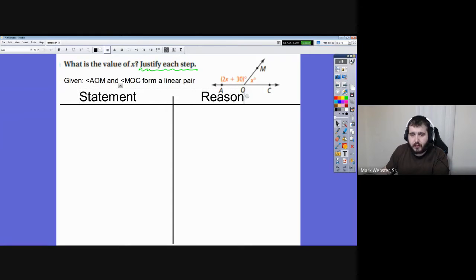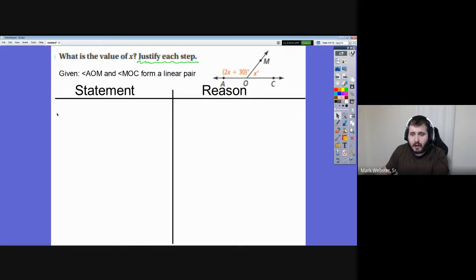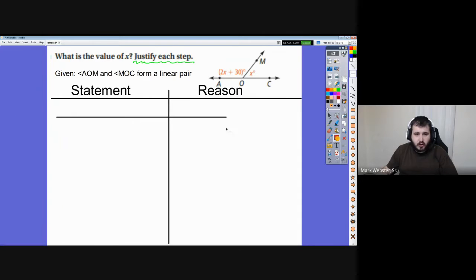But I'll tell you, me personally, I use the statement reason chart pretty much exclusively. And the reason I do that is because it makes the most sense to me. Laying it out like this as a chart helps make my life simpler.